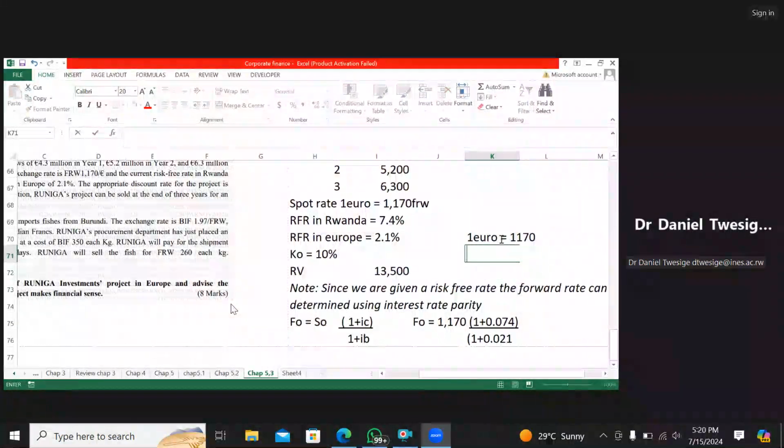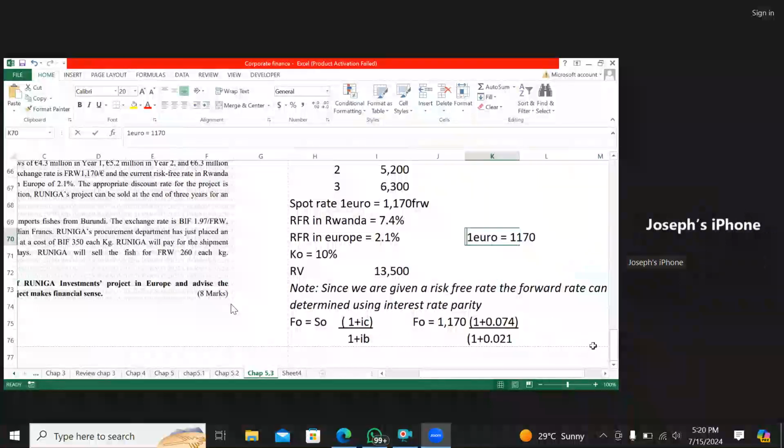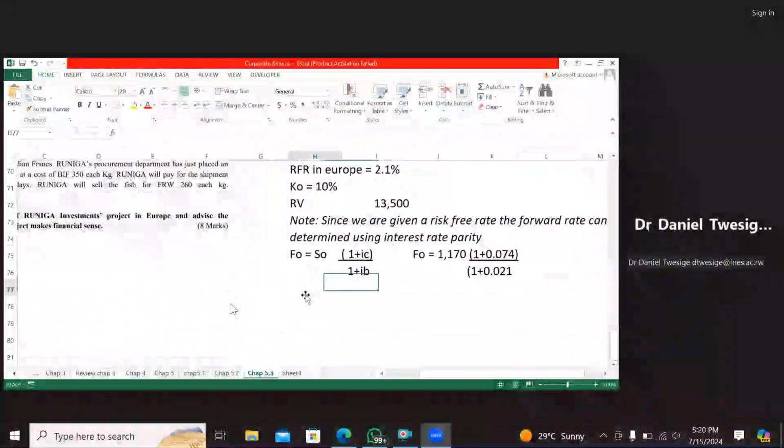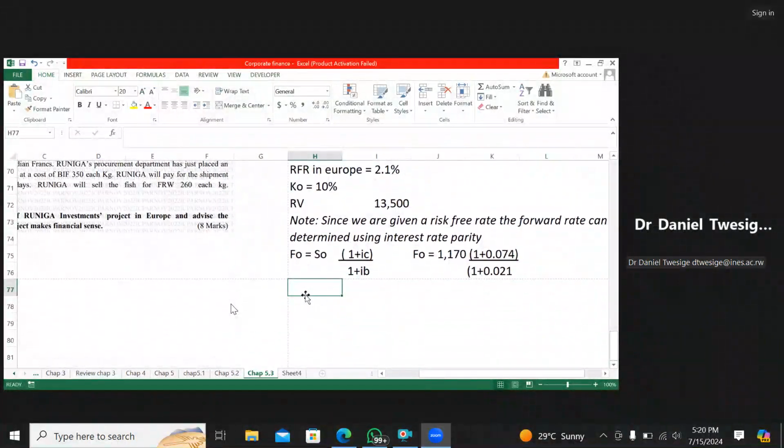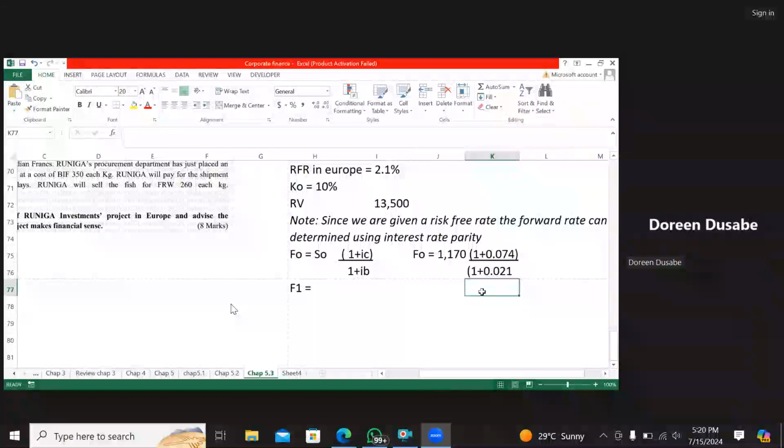What do you get? This will be the forward rate at year 1, that is F1. You are getting? If you get it, please let's move fast. We have a lot of things to cover. It's 1230.7.